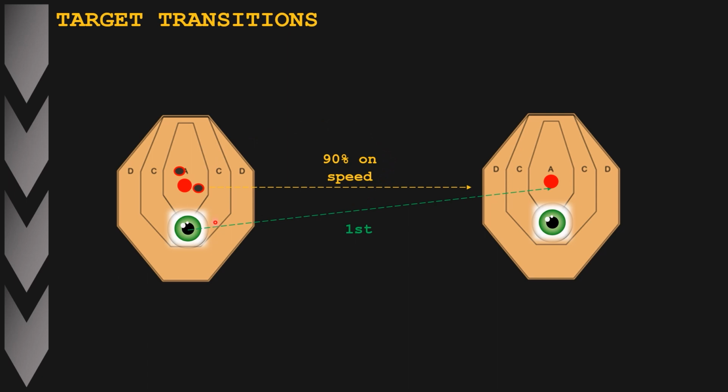The first part is the part in which you, in a very speedy and snappy way, transition the gun from one target to another target.